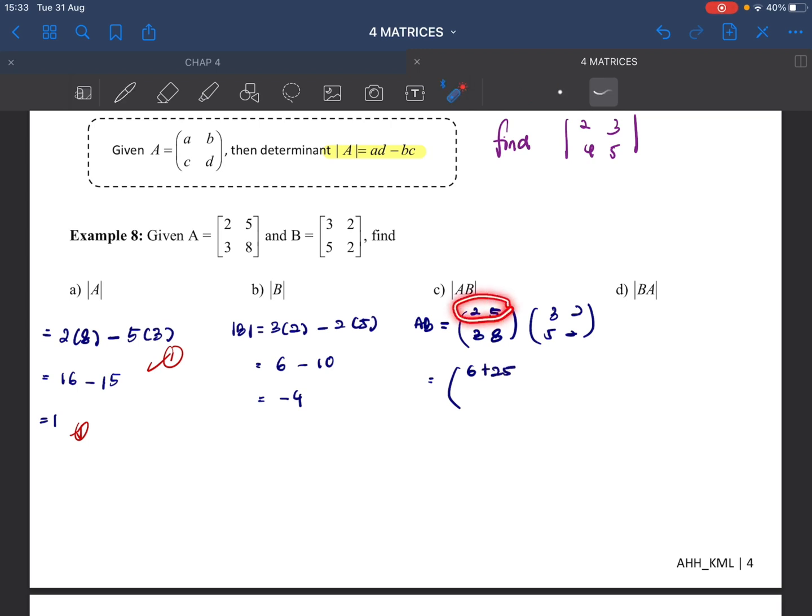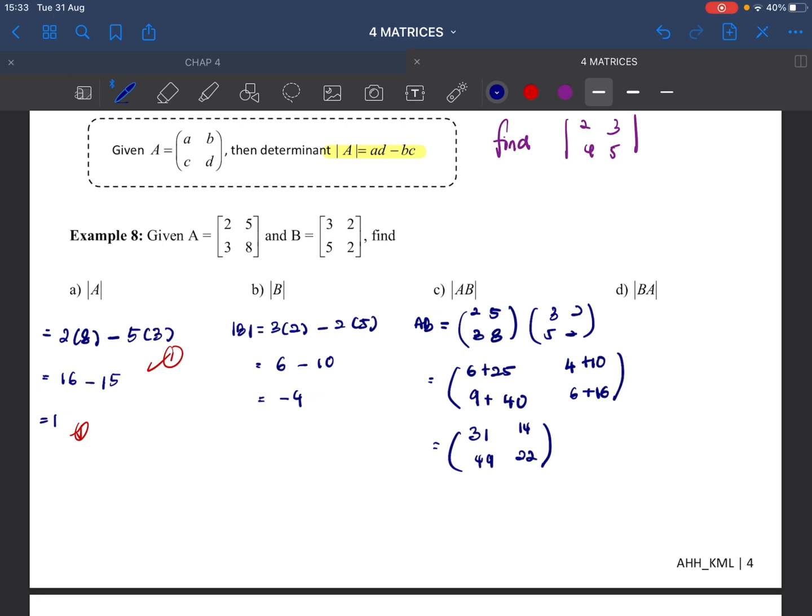Okay, teruskan yang atas, ini dengan yang belakang. 2 times 2 we are going to get 4. 5 times 2 plus 10. Okay, and then yang bawah pula, di row bawah, 3 times 8, 3 times 5. We are going to get 9 plus 40, and the last one we are going to get 6 plus 16. Okay, so here you are going to get 31, 49, 14, 22.